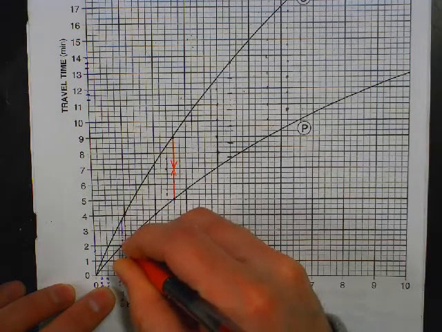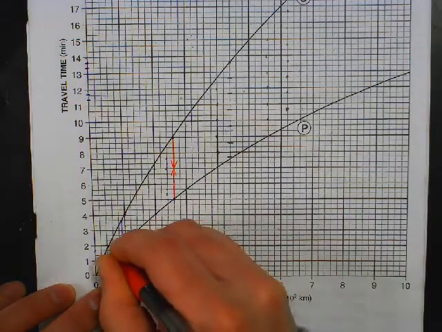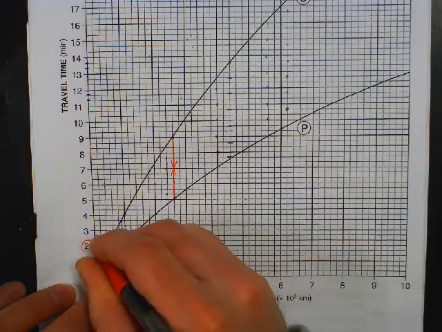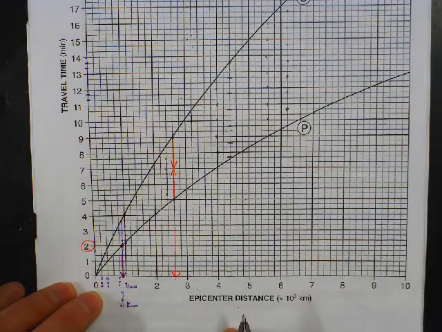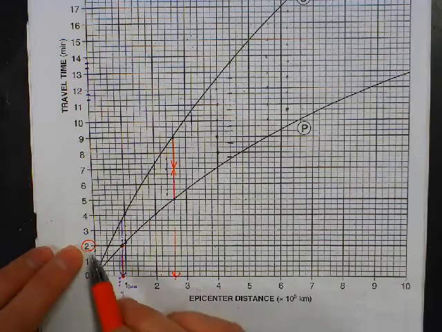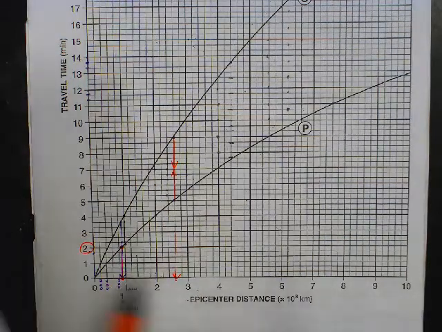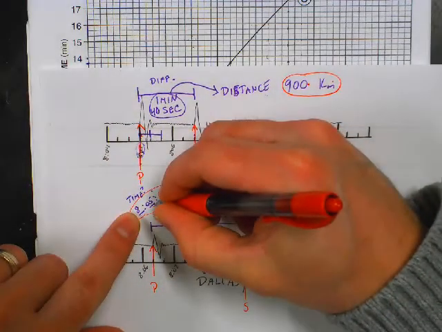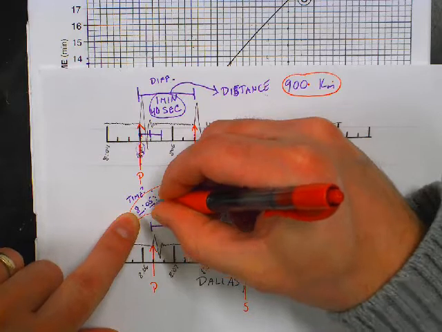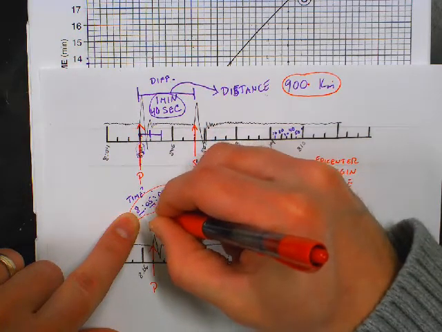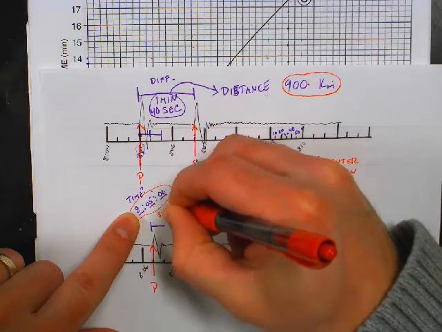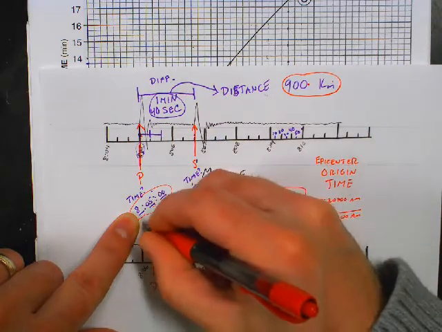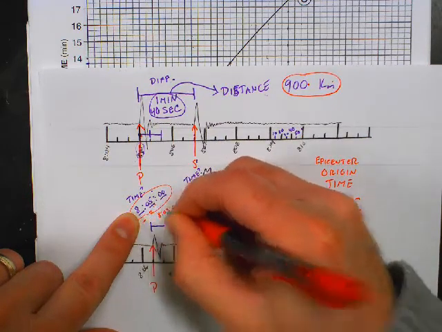Right here, a P wave takes 2 minutes to go 900 kilometers. That's the travel time. You've already done this and done it well. Well, if it takes 2 minutes and it showed up at 8:05, what time did the P wave leave? 8:03. You subtract your 2 minutes from there.